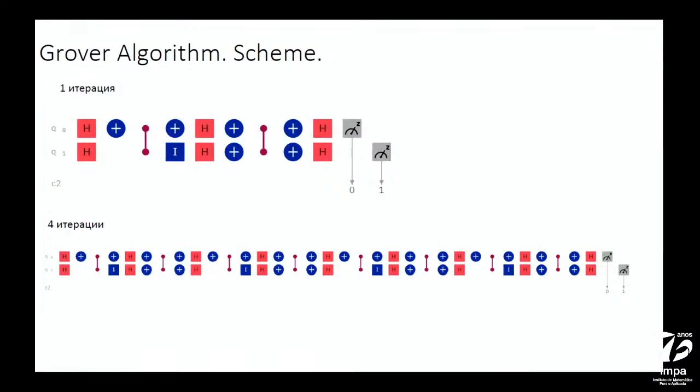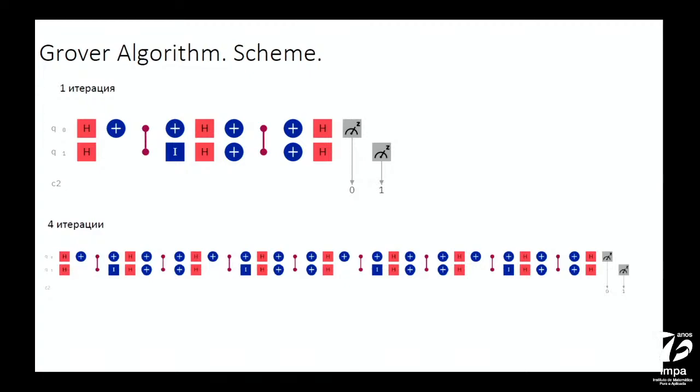And this is actually one iteration. If you do calculations, they will suggest you to do one iteration, and it works. So this is the scheme for 1. But you can do 4 iterations as well, because you remember this sinusoidal thing. It also should work.